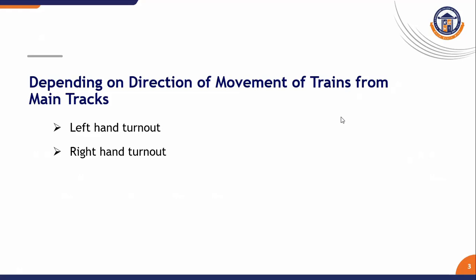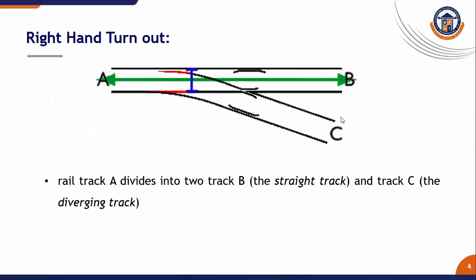These are the important direction movements followed in railway engineering to change the routes of the train. The main ones are the left hand turnout and the right hand turnout. We will see the explanation in the next slide in detail.